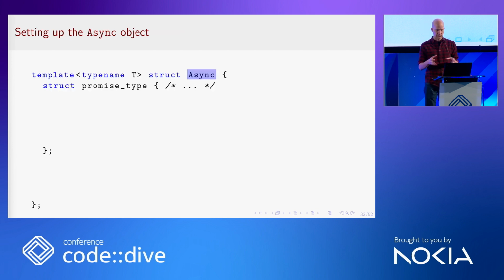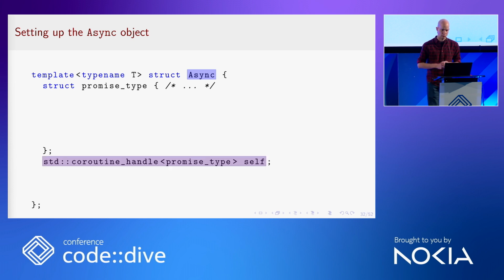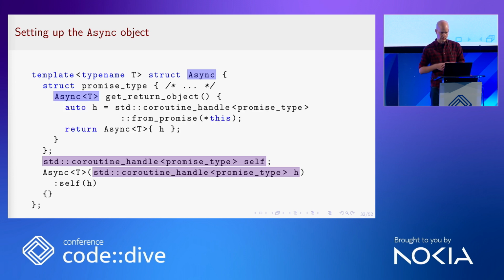So the return object part is the easier one, especially if you're familiar with the things that we talked about in the last talk 2 years ago. So the return object, we will put in there a coroutine handle that points to the inner coroutine. And we will use the constructor of the return object to populate that handle.